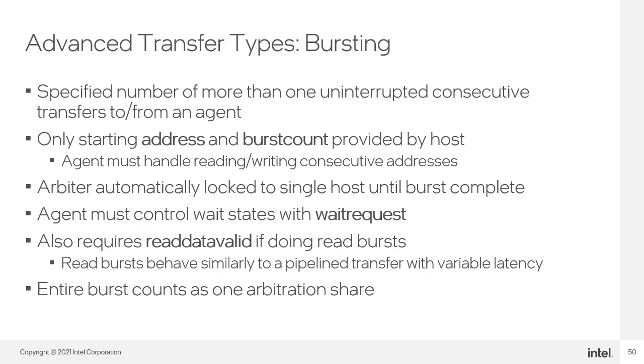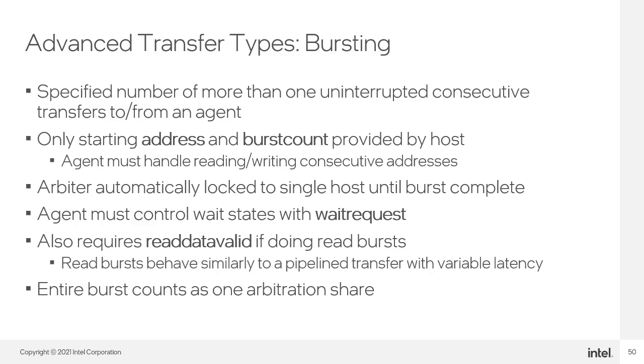The interconnect automatically increments the address issued to the agent a number of times based on the value of the burst count signal. The entire burst must be within the address space of the single locked-on agent, and there is no method for out-of-order transfers.